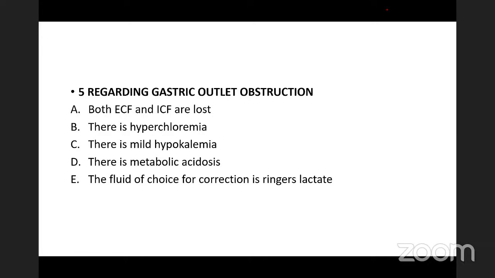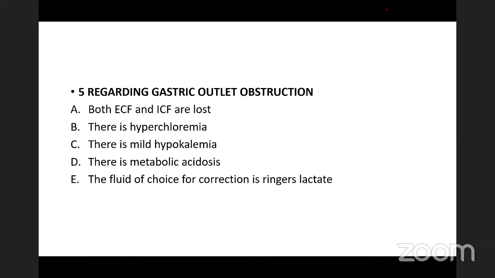C said there is mild hypokalemia. Now, the hypokalemia in a patient with GOO is marked hypokalemia because they are losing potassium in the vomitus as well as potassium in the urine. So the potassium loss in gastric outlet obstruction is critical.